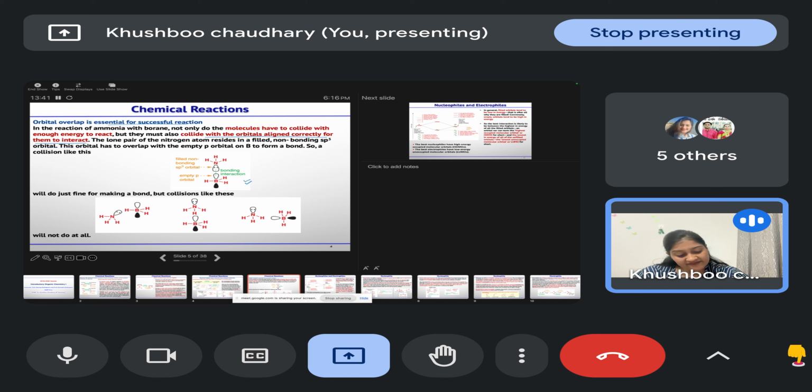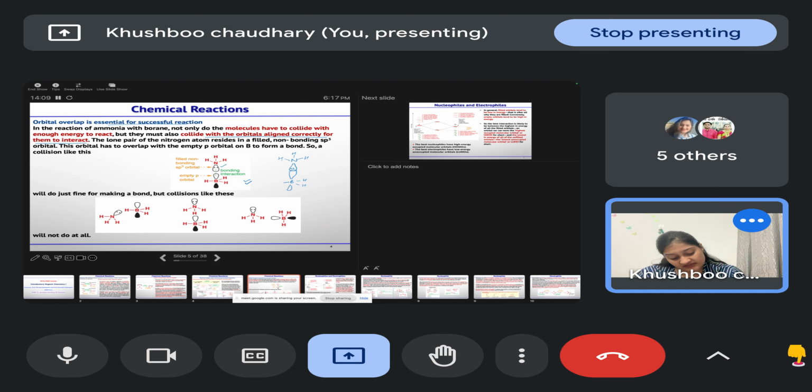For example, the ammonia lone pair of electrons in the non-bonding orbital must overlap with the empty p orbital of boron. If the orbitals are overlapping head on, then we can say that a bond is forming.